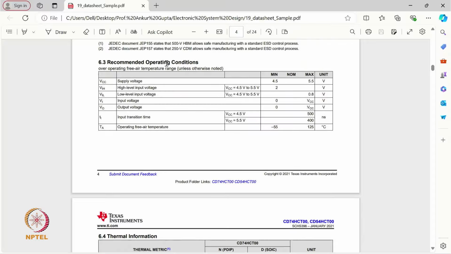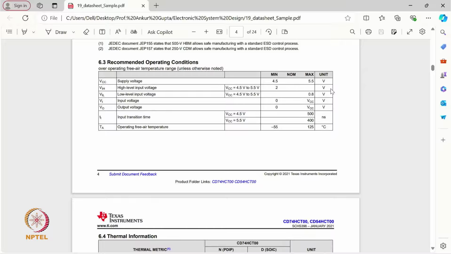Next we go to recommended operating conditions. In normal operating condition, your supply voltage should be 5.5 volt, not the 7 volt. 7 volt is the maximum voltage you can apply, otherwise beyond 7 volt the device will be damaged. So, normally you should have a minimum of 4.5 volt and a maximum of 5.5 volt as the supply voltage.